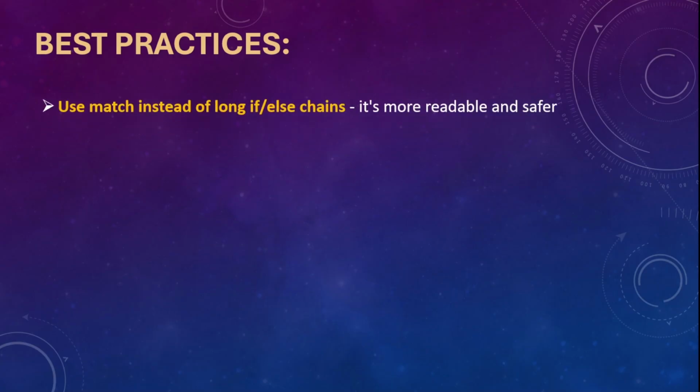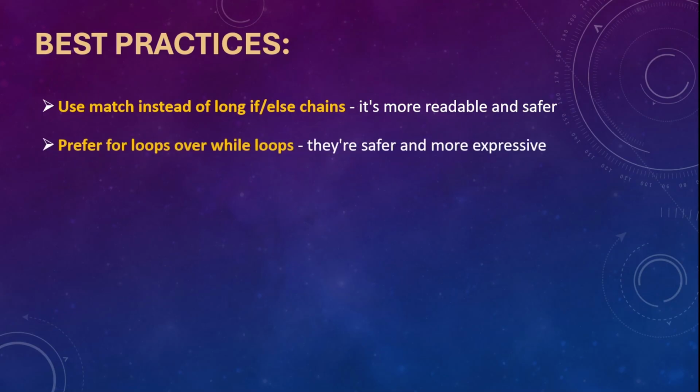So, first one is that use the match instead of the long if-else chains because it is more readable and safer, and prefer the for loops over the while loops because they are safer and more expressive as well, because it keeps you safe from the index out of bound errors, and it fits more logically on our cognitive thinking whenever we think about iterating over an array or the range.